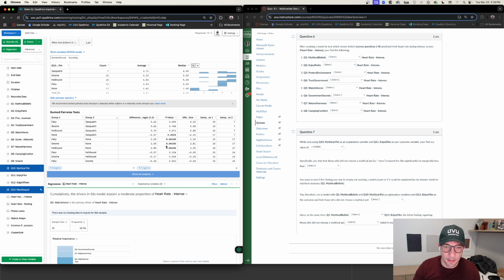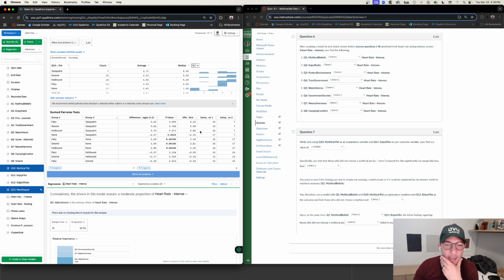Yeah, it looks like the nones are all significant. So as I compare fairy to none, significant, gnome to none, significant, hellhound to none, significant, and then the first one I looked at, Sasquatch and none, that's significant. Okay, so none is significantly less than all other creatures.